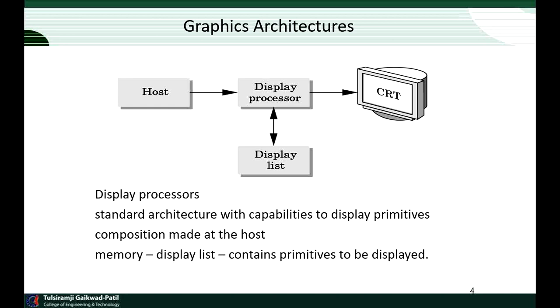Accordingly the display processor gives input to the CRT, and the output device will display the output on the screen as an image or video or picture, whatever it is. So this is all about the graphics architecture and graphics system.